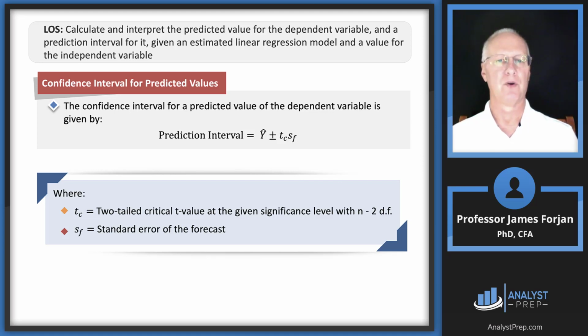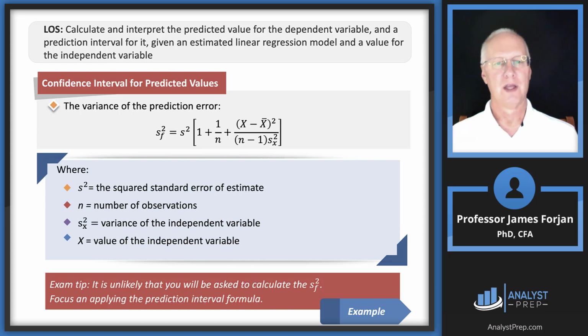Now we can also do a confidence interval for those predicted values. And so all we're going to do is take that predicted value, right, the y hat, and then plus or minus something. And we're going to take t, there's our test statistic, our critical value. And then we need the standard error of the forecast. And here's another formula that you need to worry about.